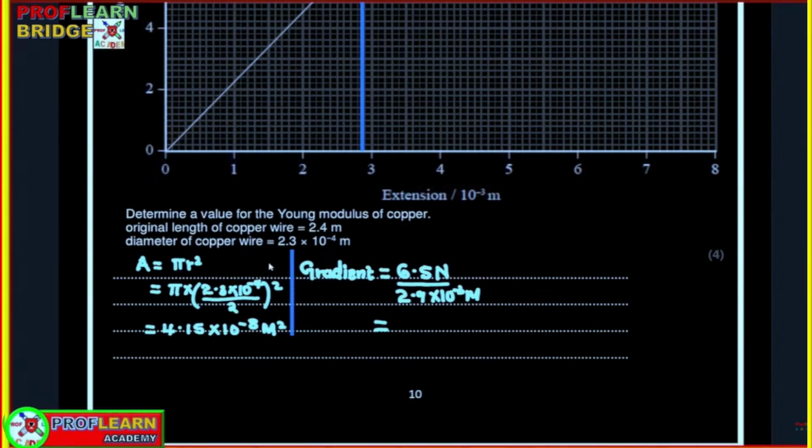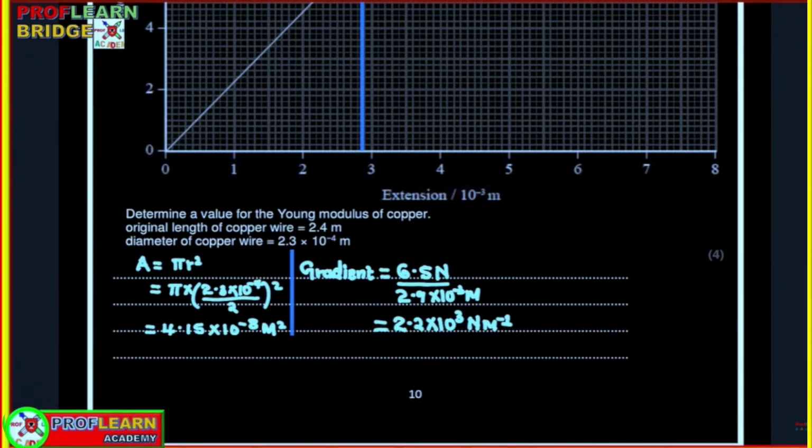6.5 divided by 2.9 times 10 raised to the power negative 3. The gradient is going to be in Newton per meter. So meaning you have the force per a given force that extends this wire by 1 meter.